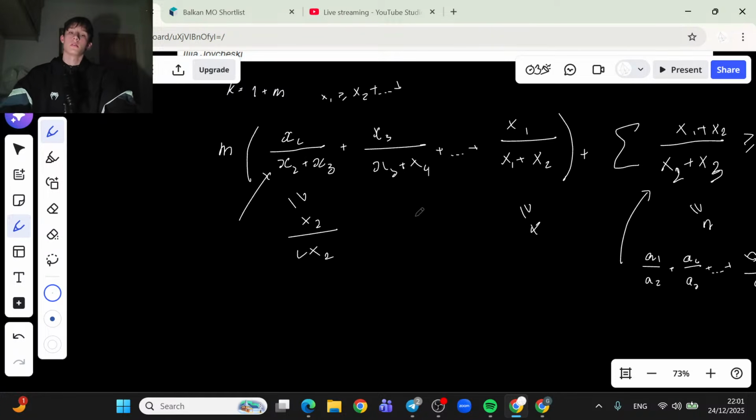This thing is greater than or equal to x3 over 2x3. So everything is 1/2. And this thing is greater than or equal to x1 over 2x1. Yeah, I think that's, or is it? No, that doesn't work. Or does it?